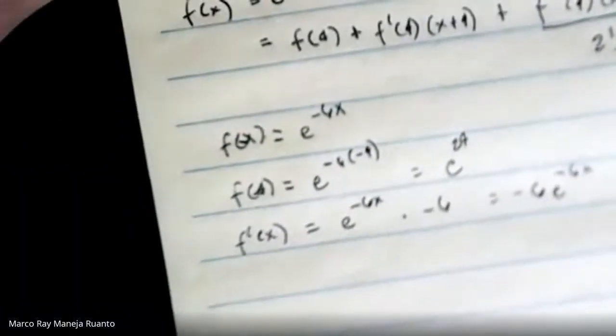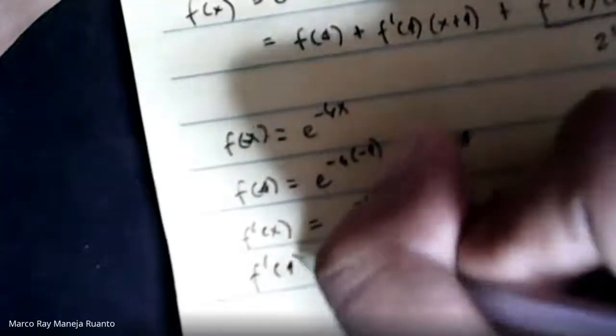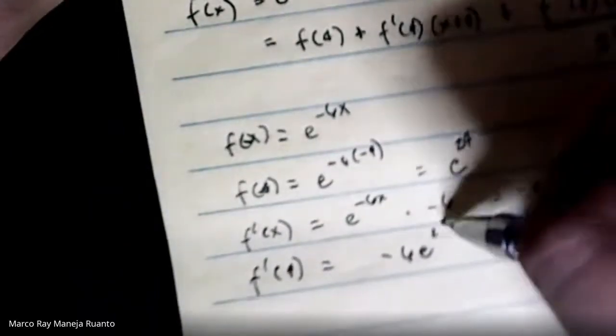Okay. So f prime of 4 will be equal to minus 6 times e to the power of 24. Ano? Anong 24 man? So minus 6 times minus 4, it's positive 24.